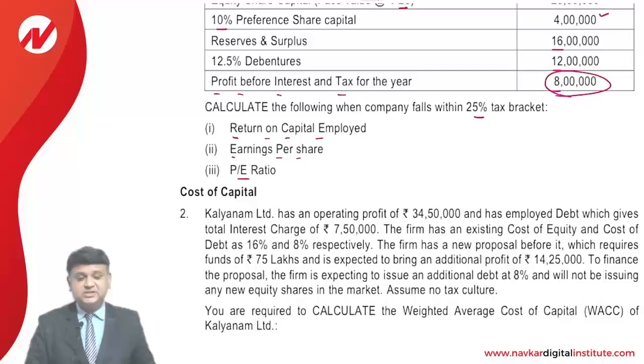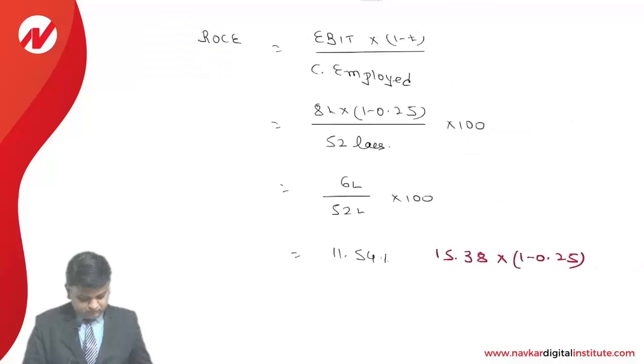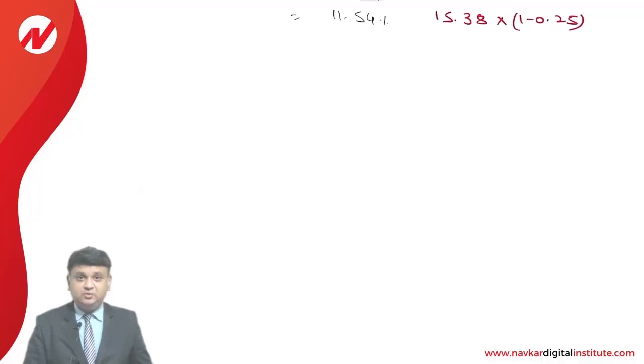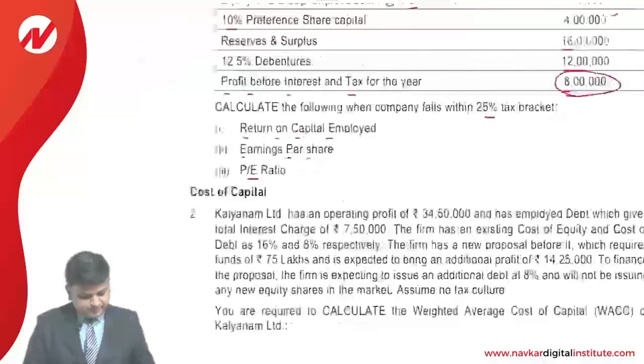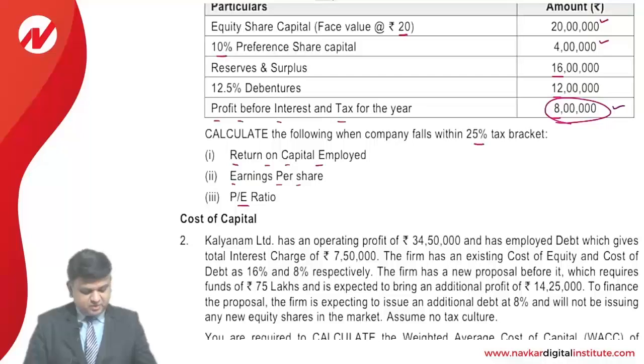The second question is calculation of the earning per share. So let us see how to make the calculation. Earning per share will be calculated something like this. We start with the operating income, earning before interest and taxes, which is given to us in the question, an amount of 8 lakhs.